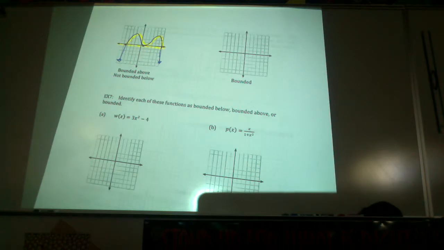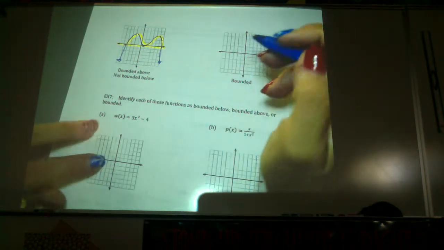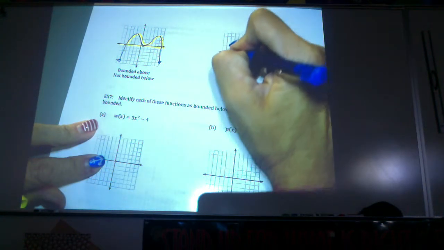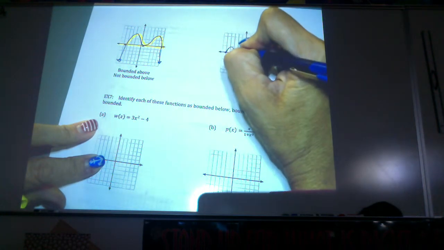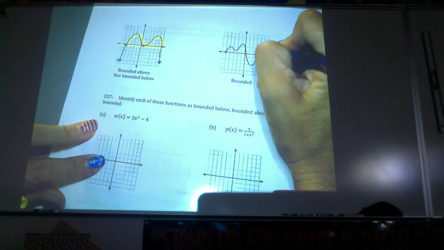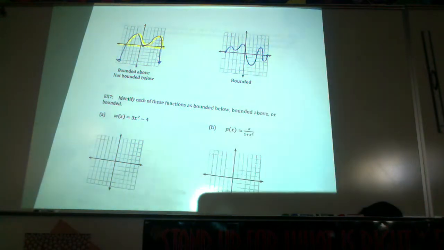Then we have a graph that's just plain bounded. Not above or below, it's just totally bounded. And what that means is there are no parts of infinity on this graph at all. This graph has a definite start and a definite end.